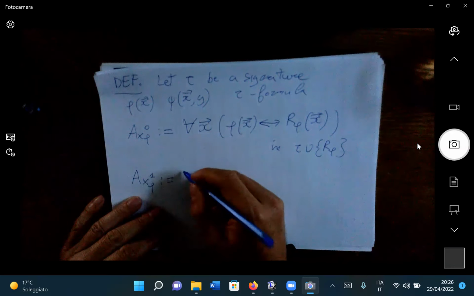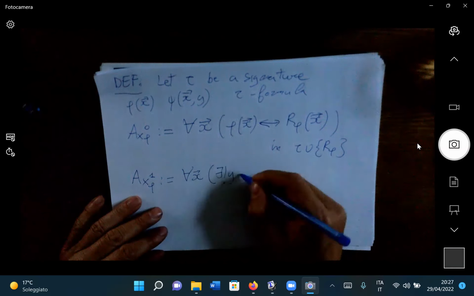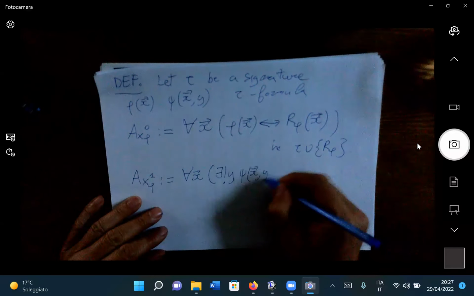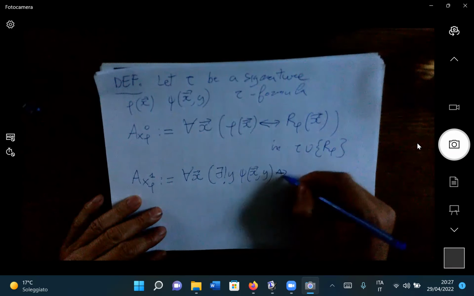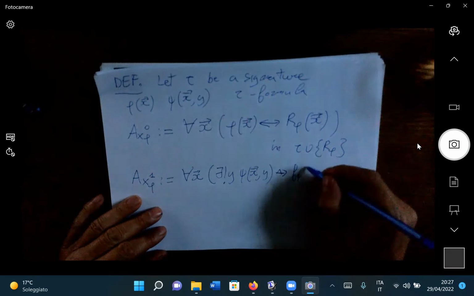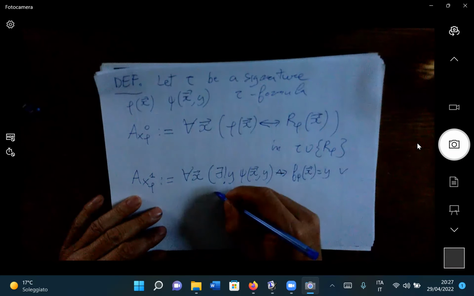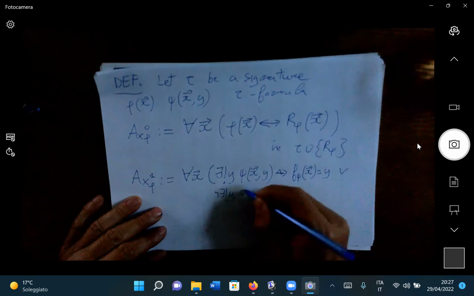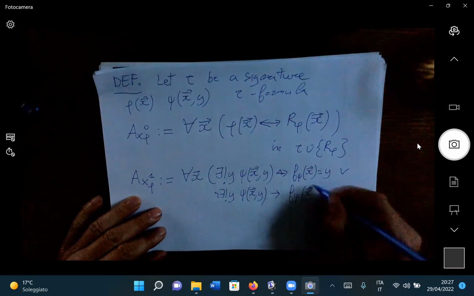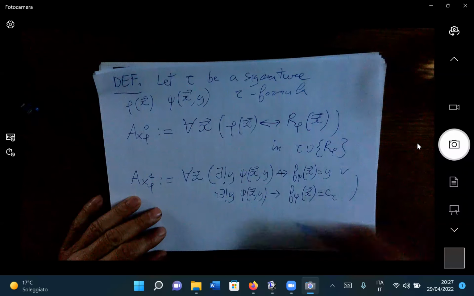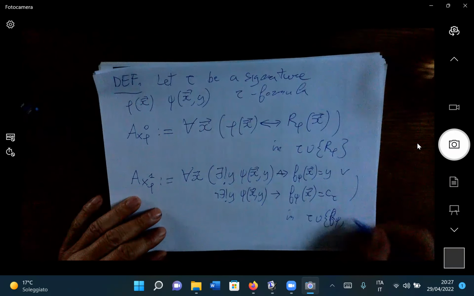So what we do is for all x, if there exists just one y such that psi x y, then we say that f psi of x equals y, or it's not the case that there exists one y such that psi x y, in which case we set that f psi of x is some constant c tau, and this is in signature tau union f psi and c tau.